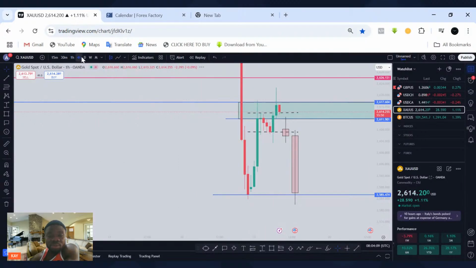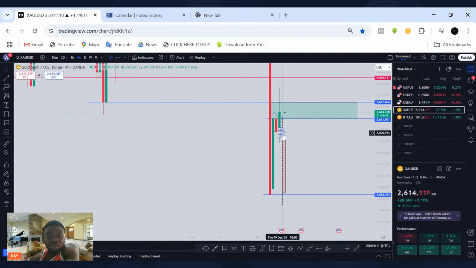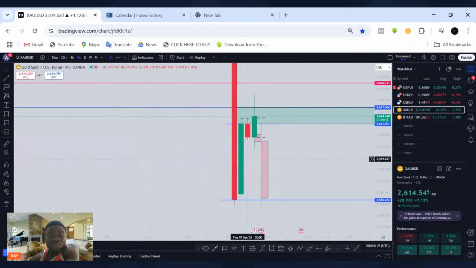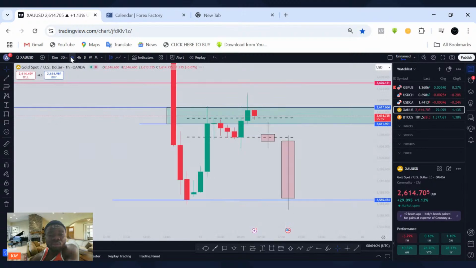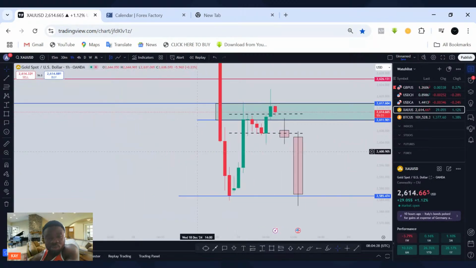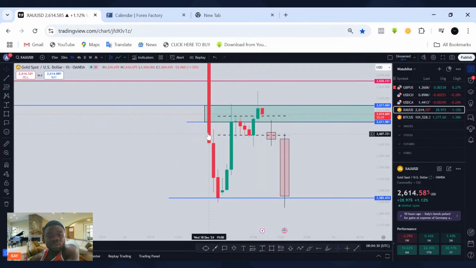So this is what I'm expecting on gold. I'm expecting price to flip and move downwards. But at this point, since the high has been broken and the low has been broken, I think it will be best if you wait for the H4 candle to close. That would be the best way to go by gold.